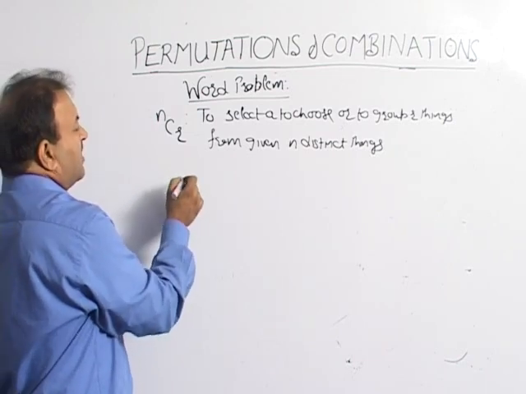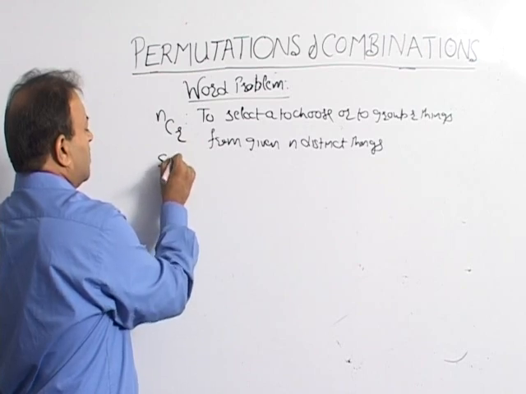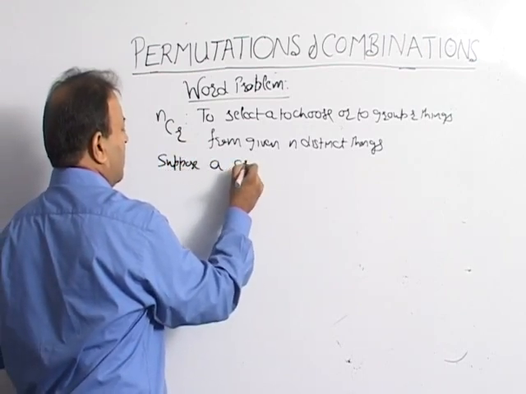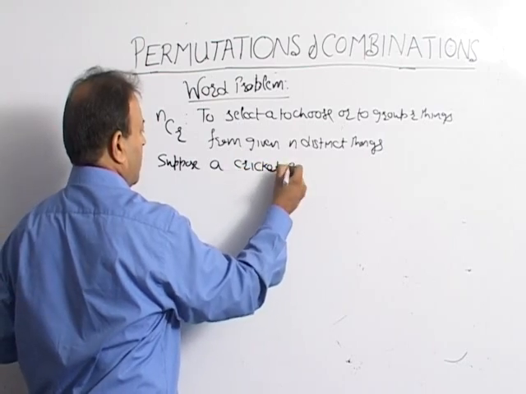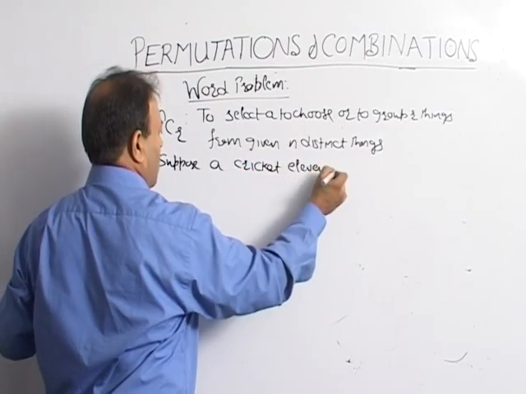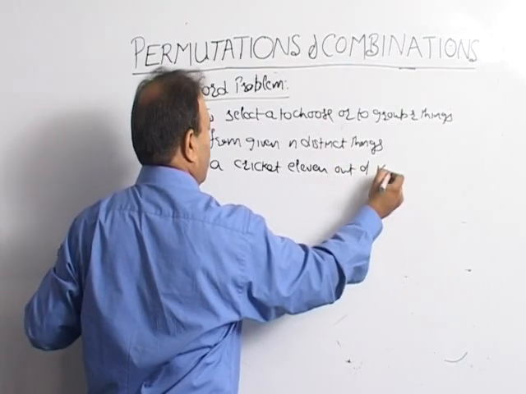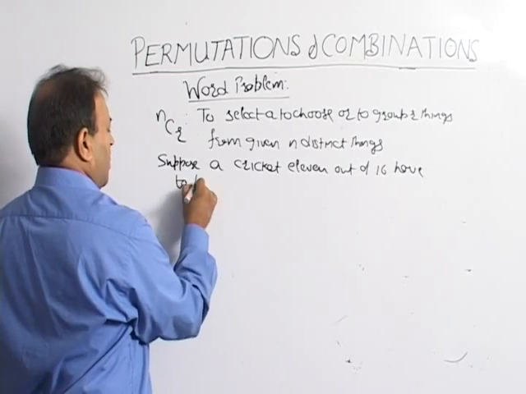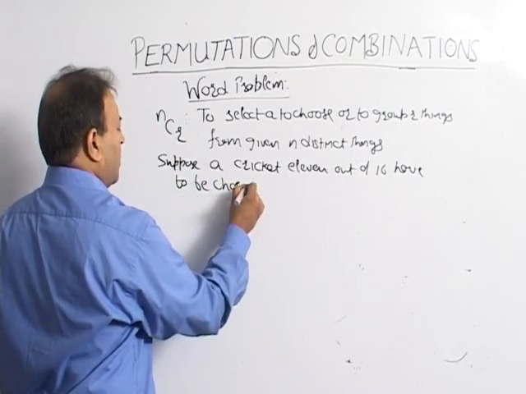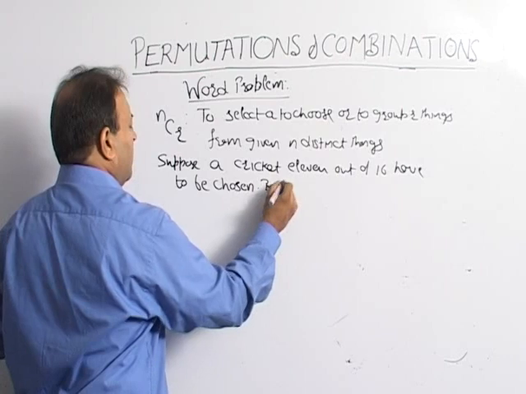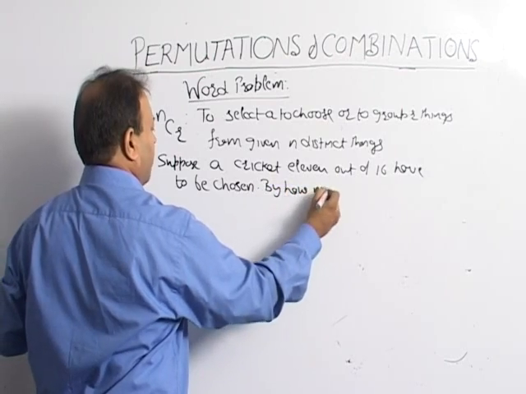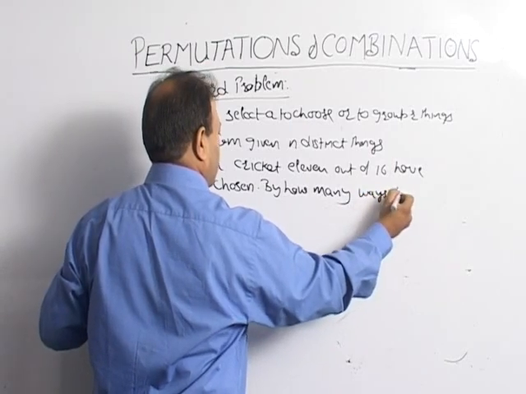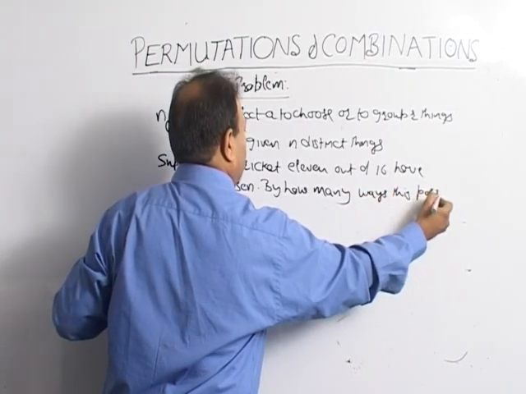यहां पर हमें बेसिक थिंग इज suppose a cricket 11 out of 16 have to be chosen, by how many ways this is possible.